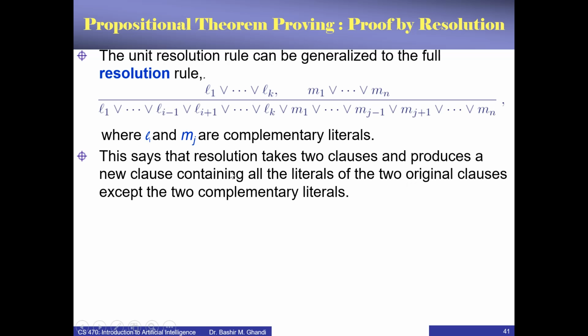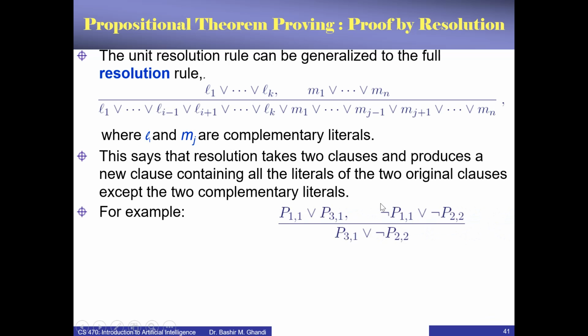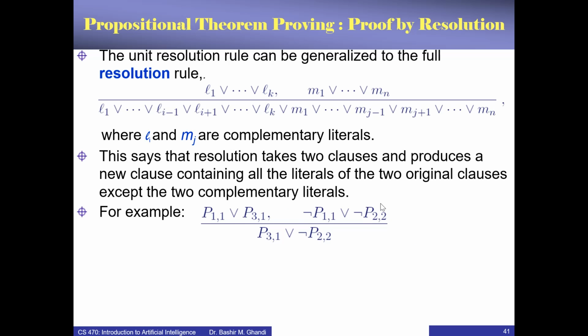So this says that resolution takes two clauses and produces a new clause containing all the literals of the two original clauses except the two complementary literals. Let's take an example to make it more concrete. Suppose I have P11 or P31 as one clause, and another clause, not P11 or not P22.